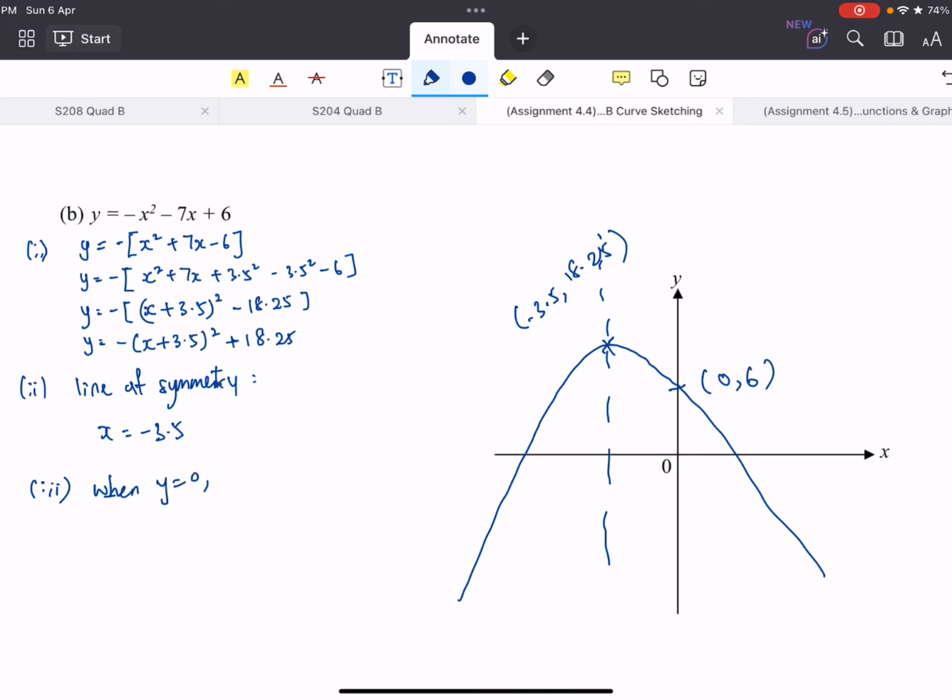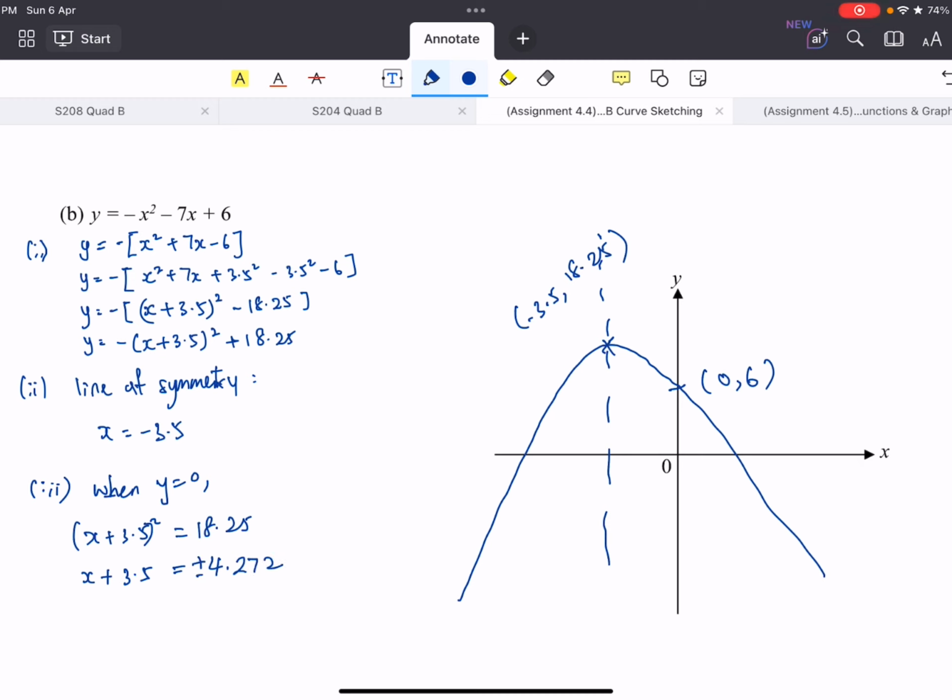y is equal to 0, we have (x plus 3.5) squared equals 18.25. X plus 3.5 will be equal to, let's see, I square root this, plus or minus 4.272.